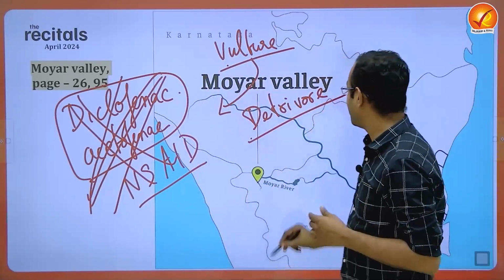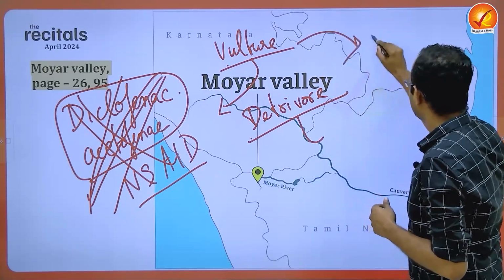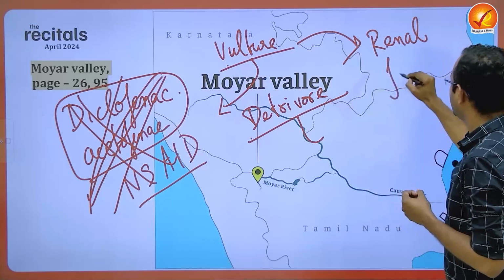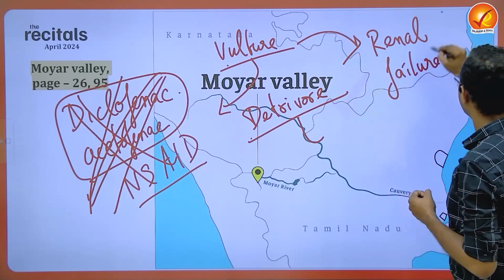Because it cannot metabolize these drugs, the vulture undergoes renal failure or kidney failure.